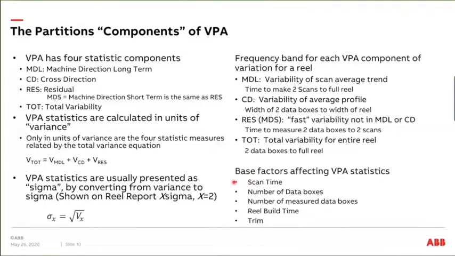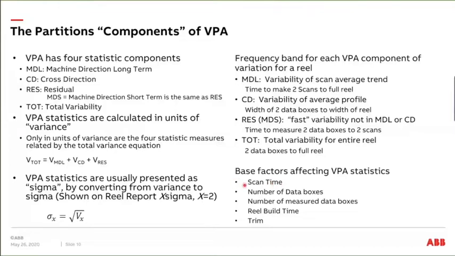Some of the base factors, and this is an important aspect, is thinking about the variability that you're measuring on a given property, whether it's weight, moisture, or caliper. Obviously there are process factors that are going to influence that variability. But in addition to that, there are some base inputs or base factors in how the VPA data is calculated.